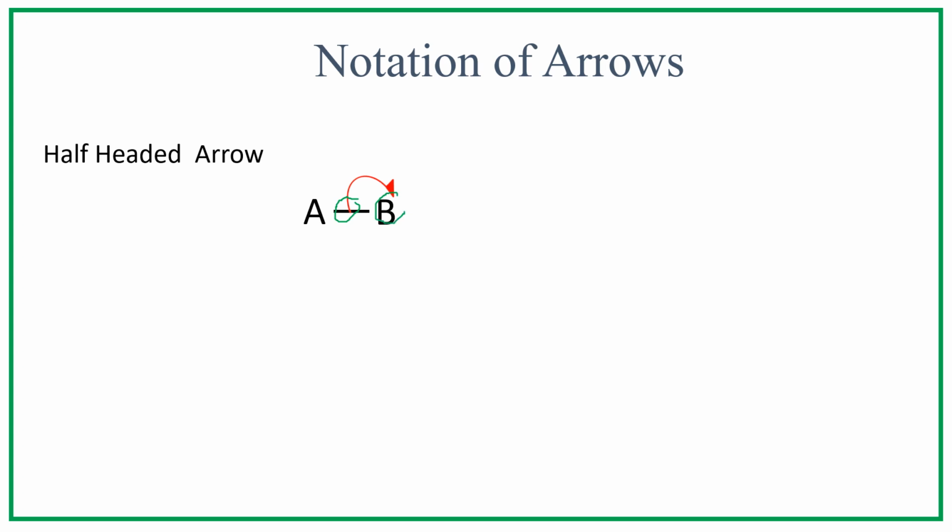The arrow goes from the bond to atom B. The movement of a single electron from the bond to this atom is represented by this notation. If you draw two such arrows, the final product is as shown. So the half-headed arrow represents single electron movement from bond to atom.